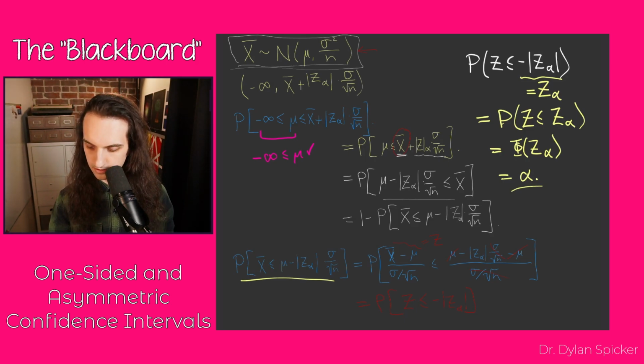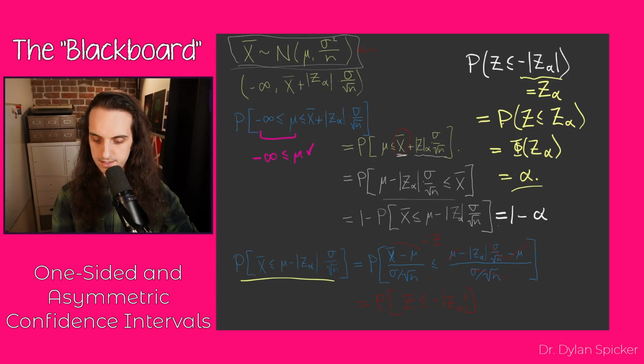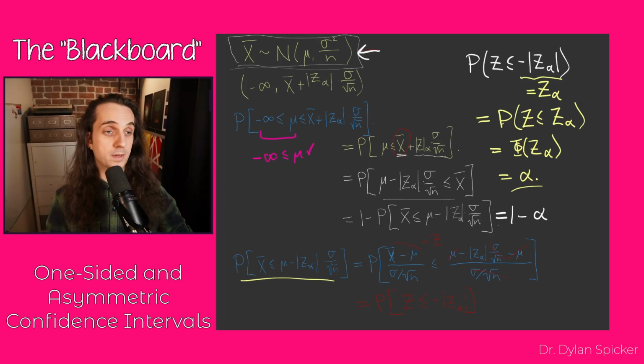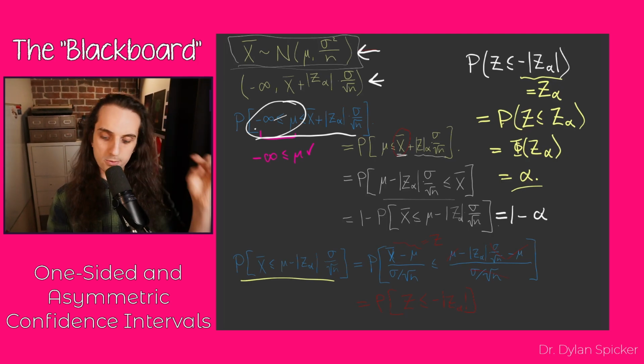And so then to conclude the proof here, we write that that is going to be 1 minus alpha. Okay, and so just to walk through what we've actually done, we started with this idea that the sample mean is normally distributed, and we have this interval, and we want to know, what's the probability that we're in the interval here? So we write this out as a probability statement. We can drop this lower bound because that lower bound is not random at all. That's always going to be true.